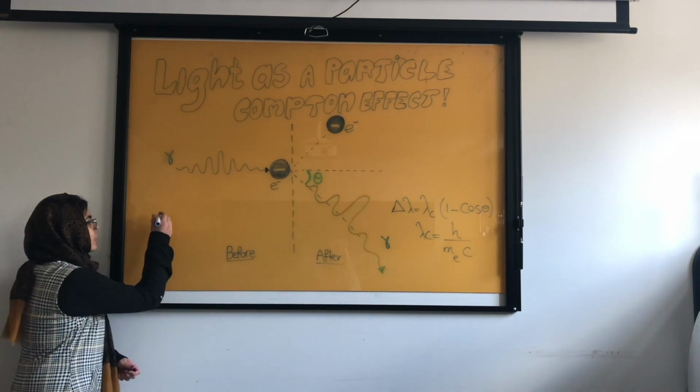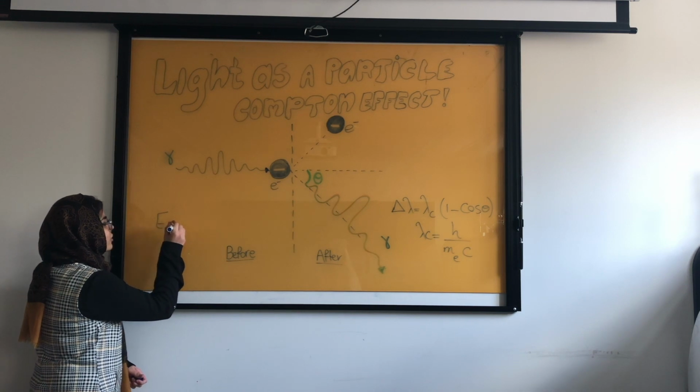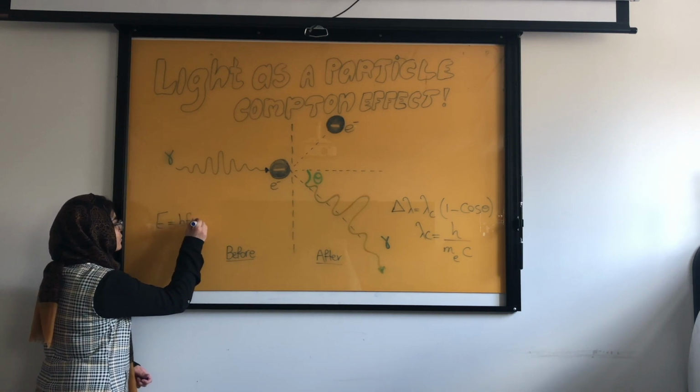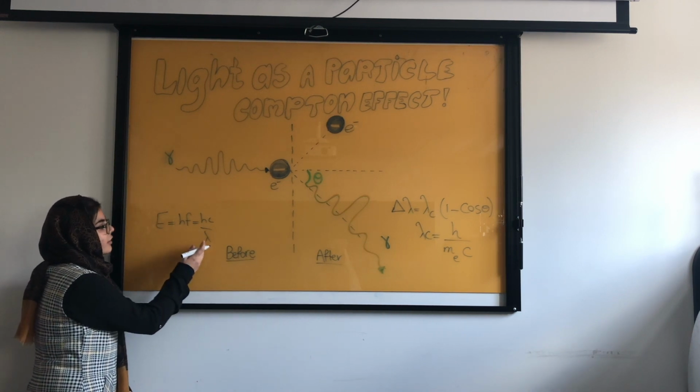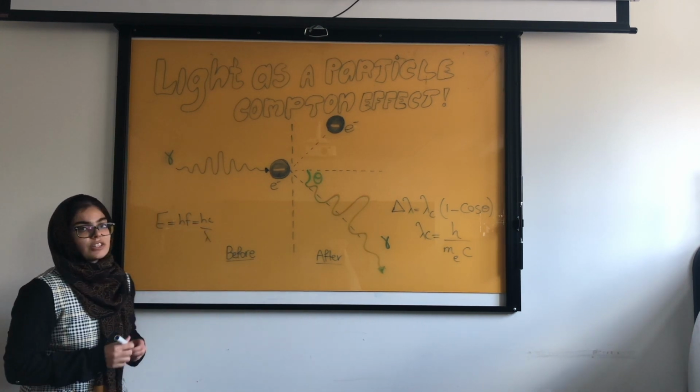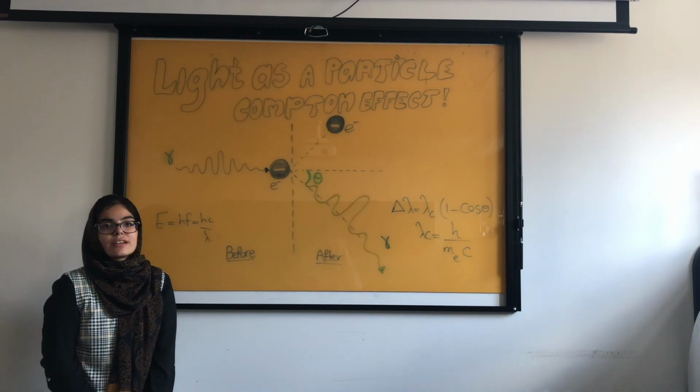So according to the equation for the energy of a photon, which can also be written in terms of lambda, when we have a decrease in energy, the lambda should increase. And that's why the lambda of the photon has increased after the collision.